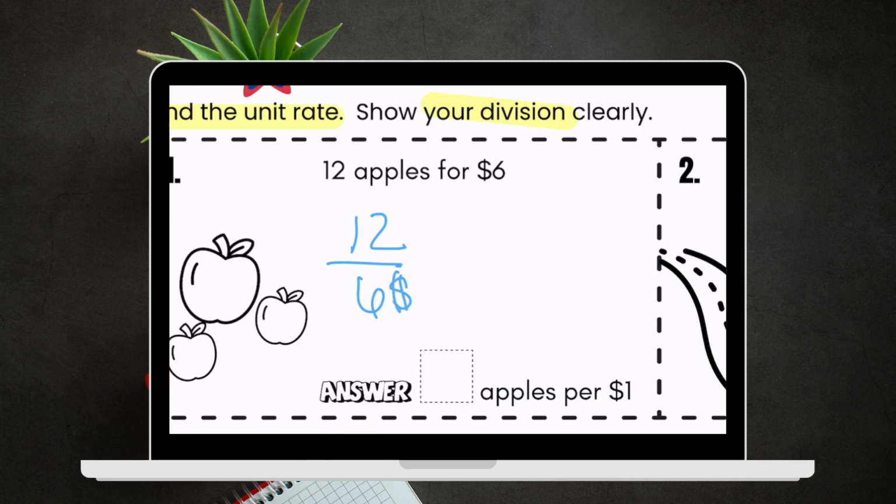Remember, rates mean we're comparing two different units. The two different units are apples and dollars. Then I set this up as a ratio, 12 to 6, which is a fraction, and all fractions are division problems. So 12 divided by 6 equals 2, which means I'm going to get 2 apples for every dollar that I spend.